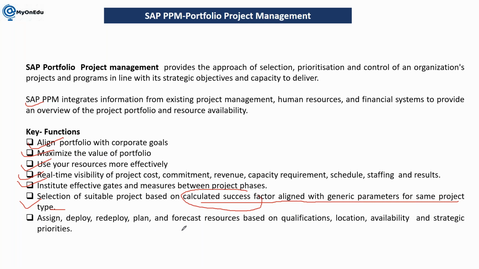Assign, deploy, redeploy, plan, and forecast resources based on qualification, location, availability, and strategic priorities. When you are assigning any resource to your project, you can search based on qualification, location, and availability. In the IT industry, whenever you are looking for resources, as a project manager you prepare a JD and send it to your resource manager.